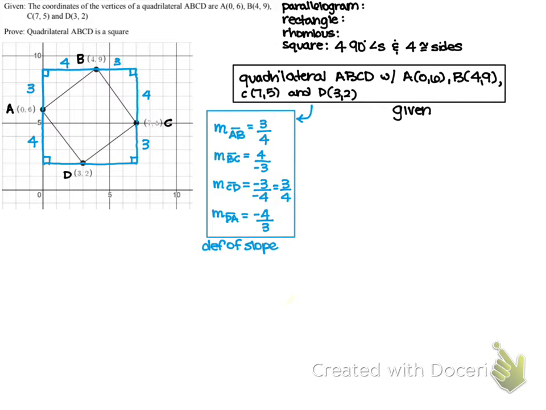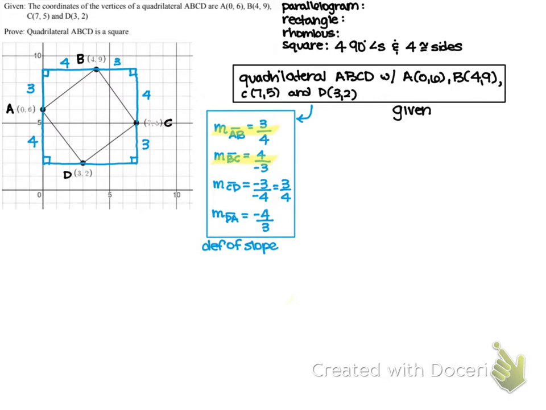I want to take a look at these slopes though. If you take a look, I have that AB is 3/4, but so is CD. Okay, so those guys are parallel, but I don't actually have to say that. So I'm going to compare the AB and the BC slope. If I take a look at the AB slope, I've got a positive 3 over a positive 4.